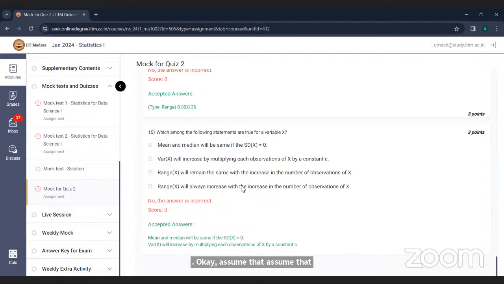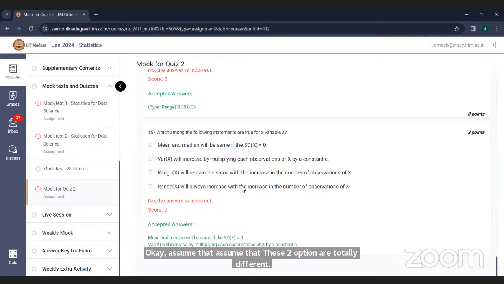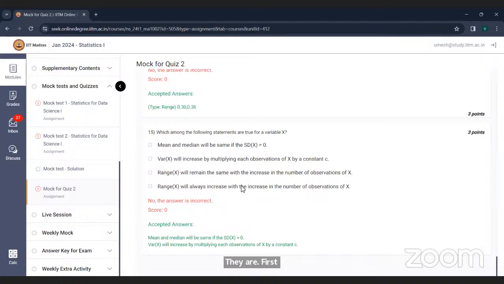The first assumes the standard deviation is 0, while for the second case maybe the standard deviation is not 0. If it were 0, the variance would be 0, because variance is the square of the standard deviation.